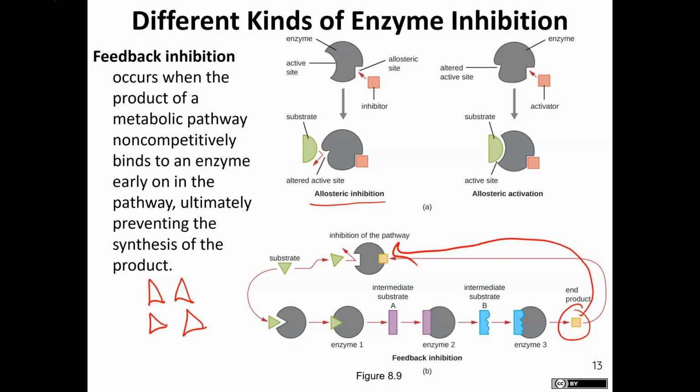So the other type, competitive inhibition, is often seen in poisons. And so we use competitive inhibition when we are trying to stop pathogens. We can poison the pathogen by giving a certain chemical that blocks enzymatic pathways.